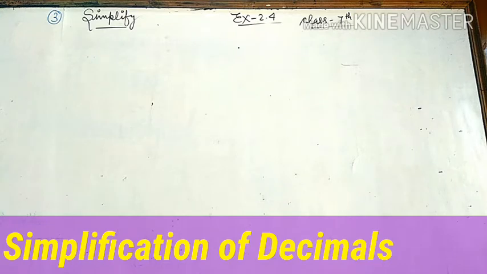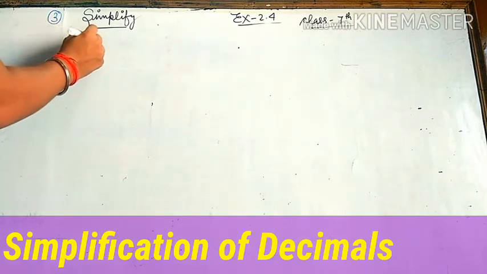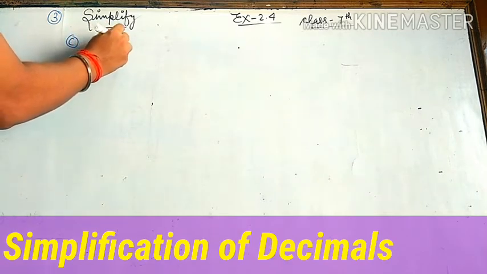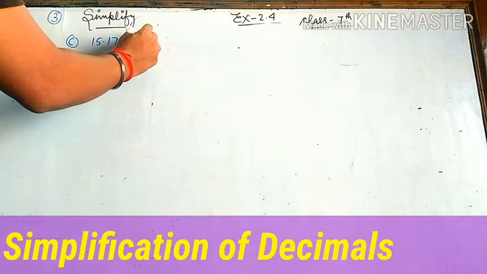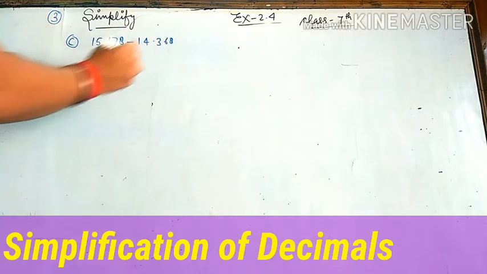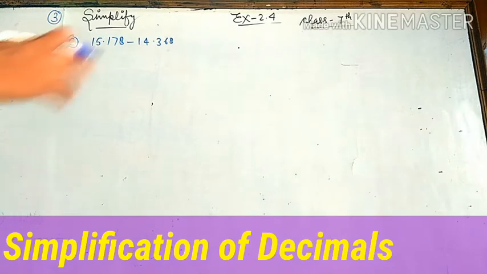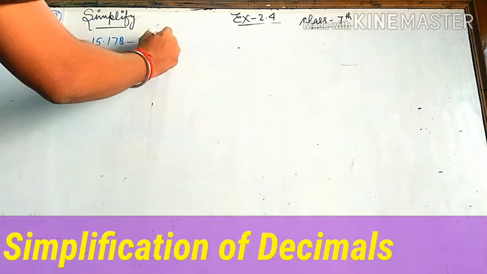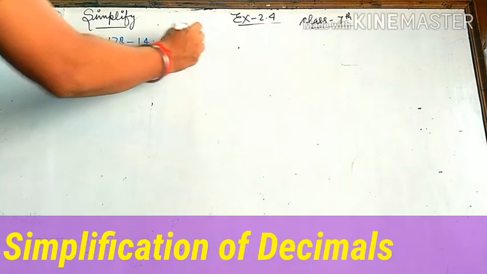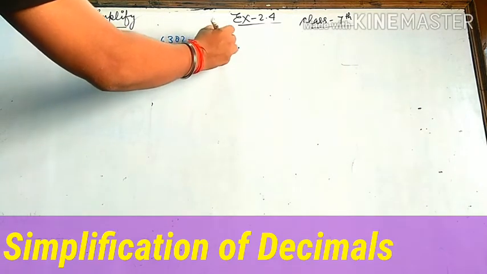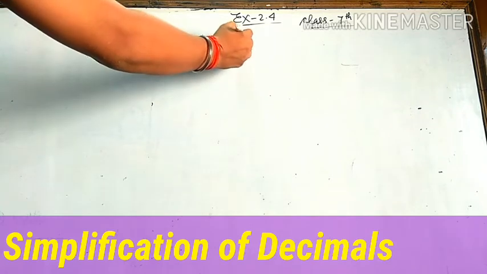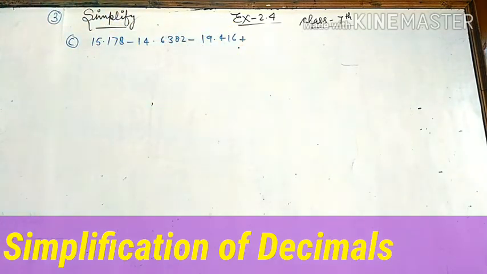The question is C: 15.178 minus 14.6382 minus 19.416 and plus 30.